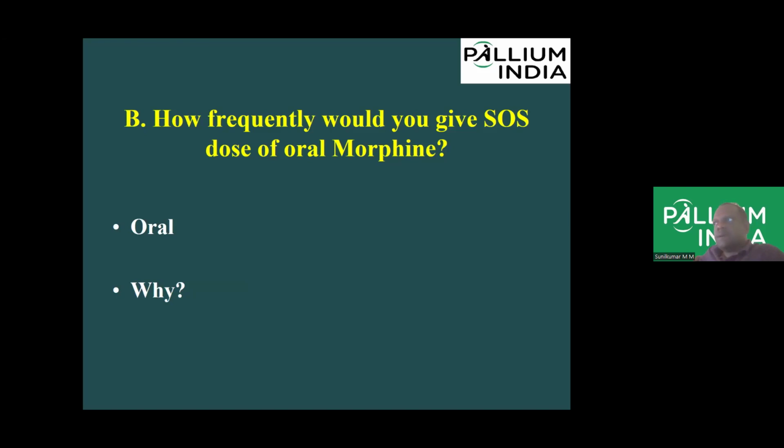So the pain relief would start by about 30 minutes, but the peak would be by about 1 hour. So it is usually advisable to give SOS doses after 1 hour of the previous dose of morphine. So wait for 1 hour and then administer the next dose.